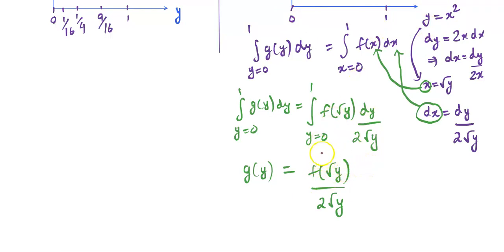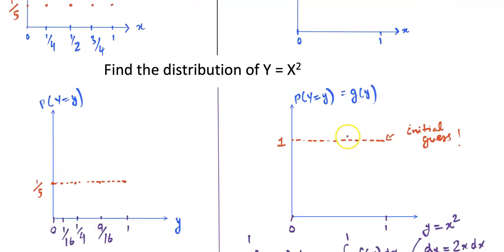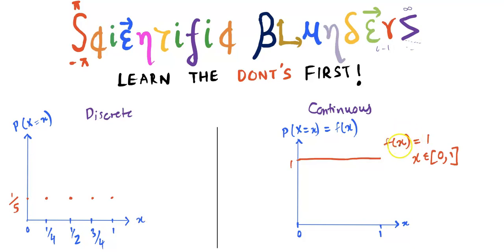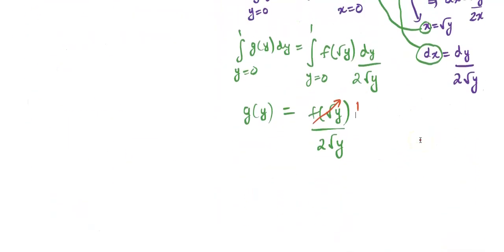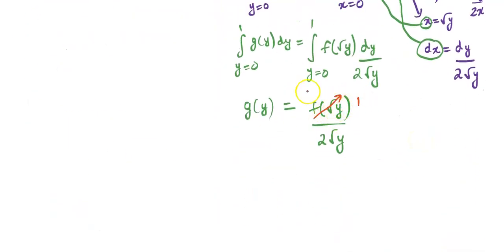Hope that makes sense. Because f of whatever you input to the function, as long as it's between 0 and 1, it's going to output a 1. So by the same logic, square root of y is going to lie between 0 and 1. And so when you input that to the function f, it's going to output 1. Right? And we are almost done.